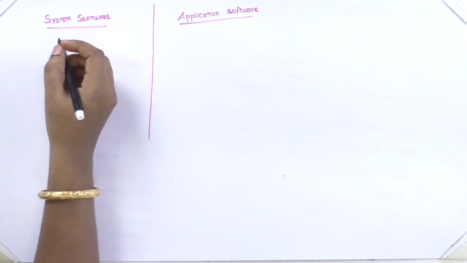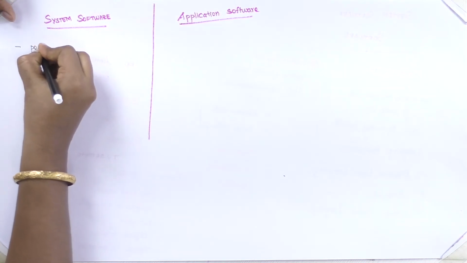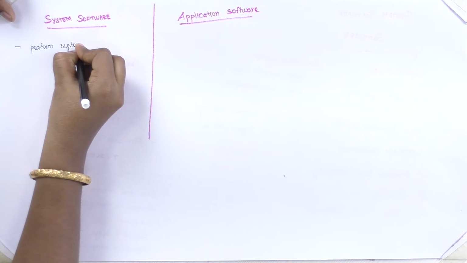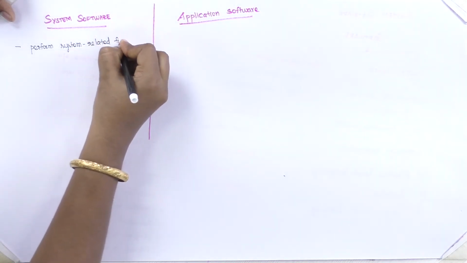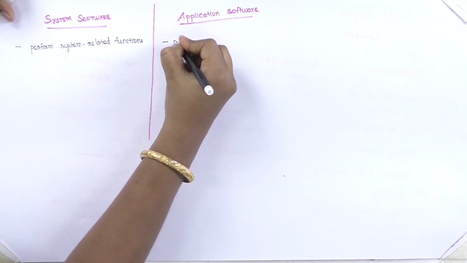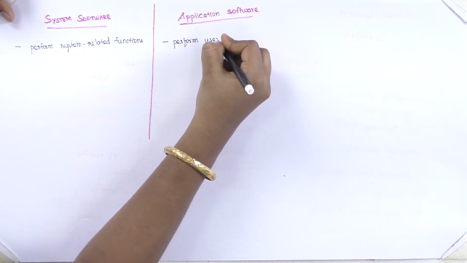So, the first difference is system software will perform system related functions, whereas application software will perform user specific tasks.